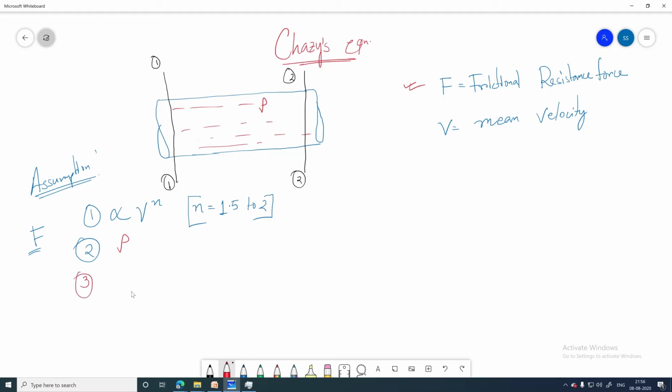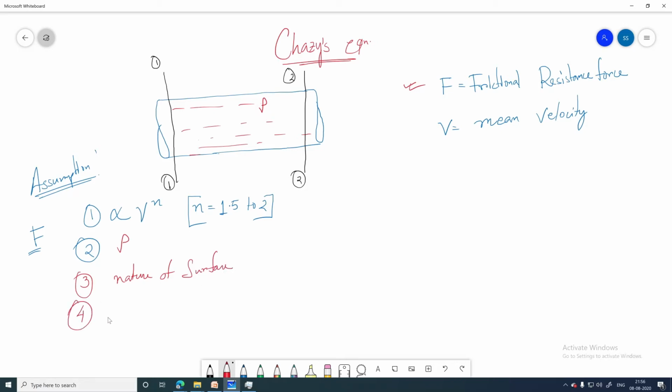Now the third assumption is that it depends on the nature of the surface. That means inside the pipe, if the surface is smooth or rough, then depending on that condition the frictional resistance force will vary. So you can write that nature of surface.